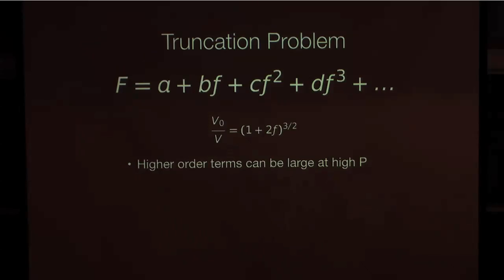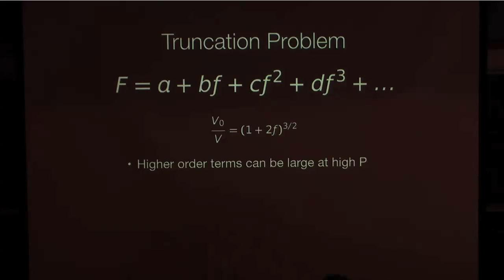Just a quick comment, in parallel to Dan's statement: if you substitute K prime equals 4, you find that that's just the second order Birch-Murnaghan equation of state. You truncate that third order term with K prime equals 4. That just comes out of the algebra.